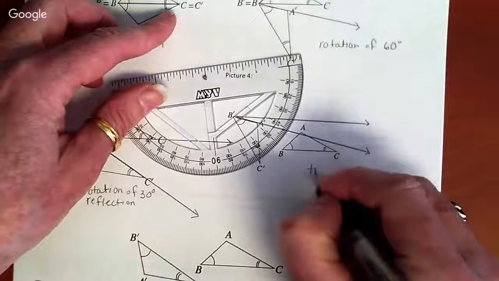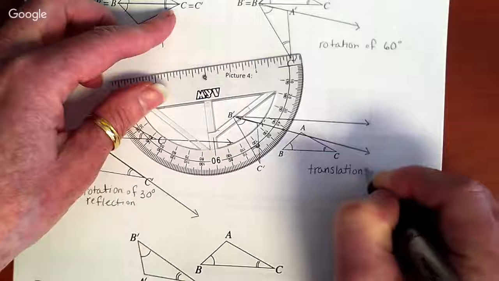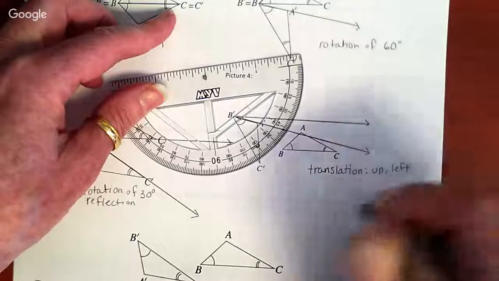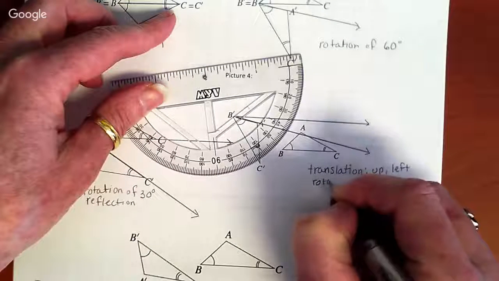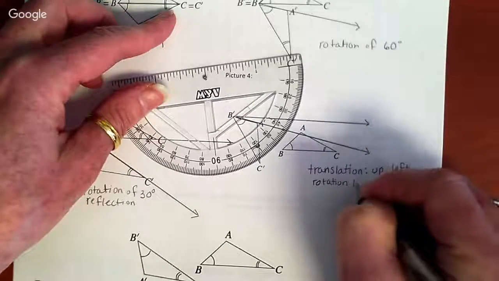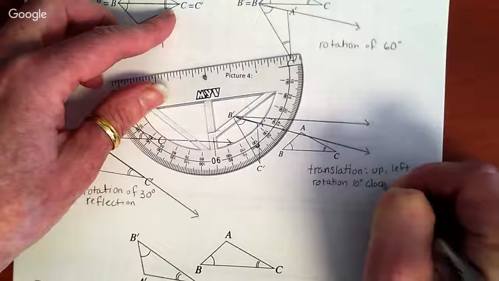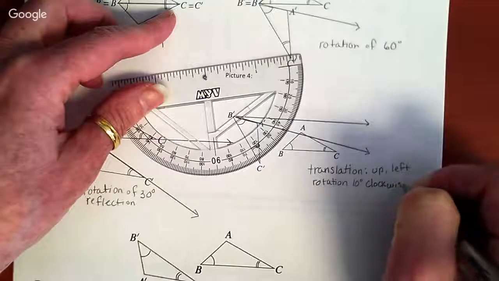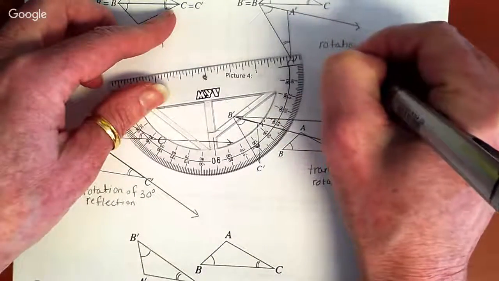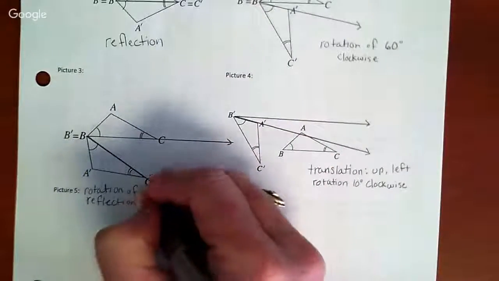So translation up and left, and then rotation about 10 degrees, and that is clockwise. It's one thing I didn't write on these, so let me do that. This is clockwise. This was also clockwise. And this one here was also clockwise.